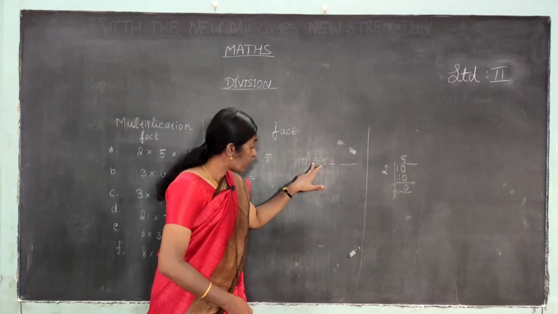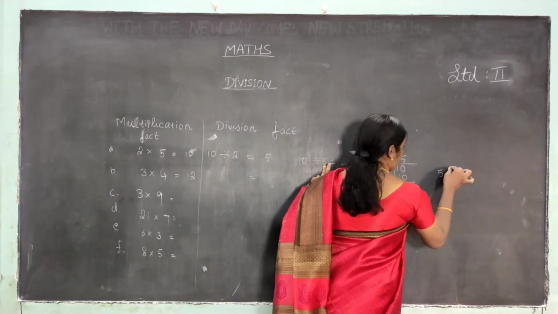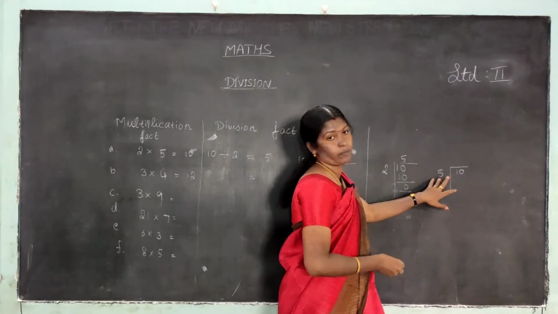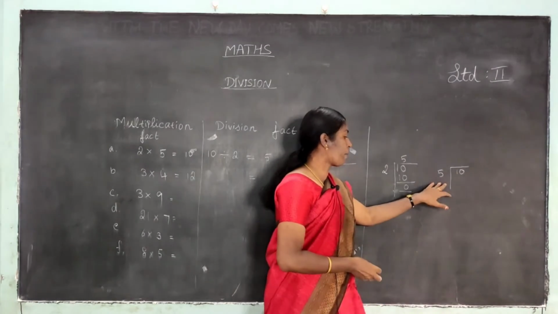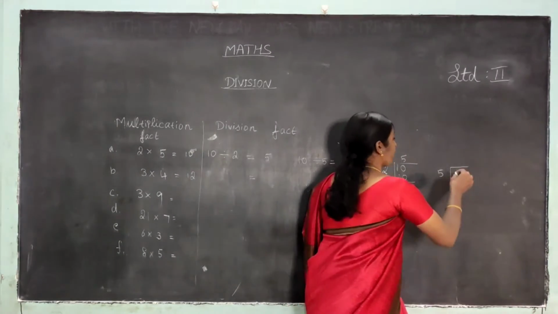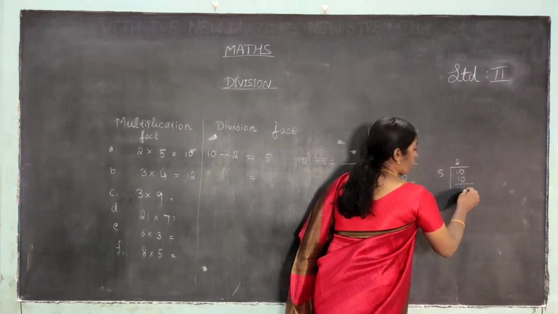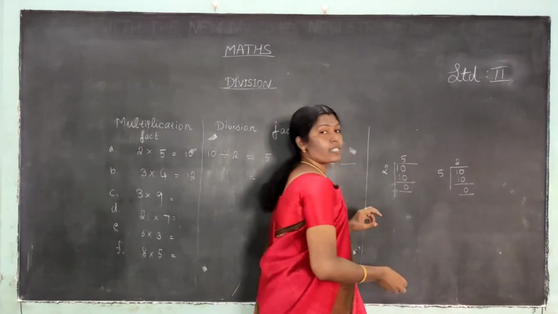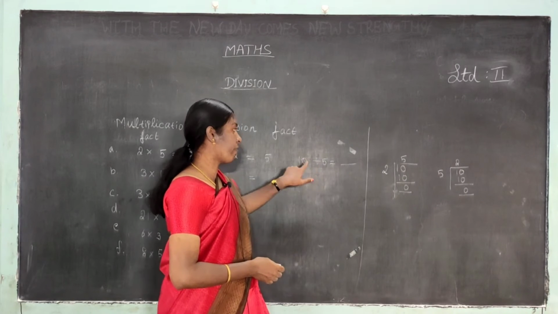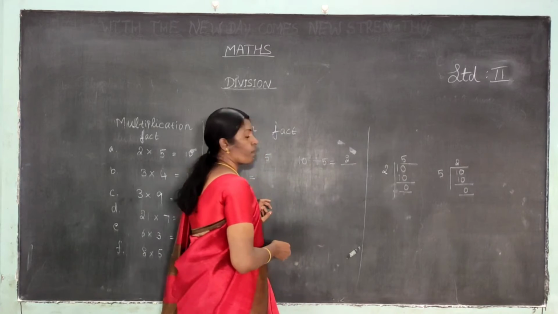Again you see 10 divided by 5. Again you do the same one, but we are going to divide 10 by 5. Okay, tell the 5 table. 5 1 is 5, 5 2s are 10. So write the quotient here and write the 10 here. And what is the remainder? 10 minus 10, 0. You see 10 divided by 5, what is it? 2.